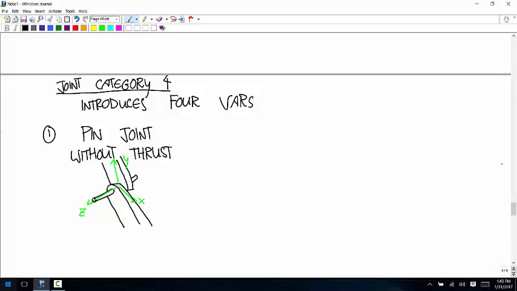Okay, so a free body diagram looks like this. There's no force along the z-axis, but there is along the x-axis and the y-axis.